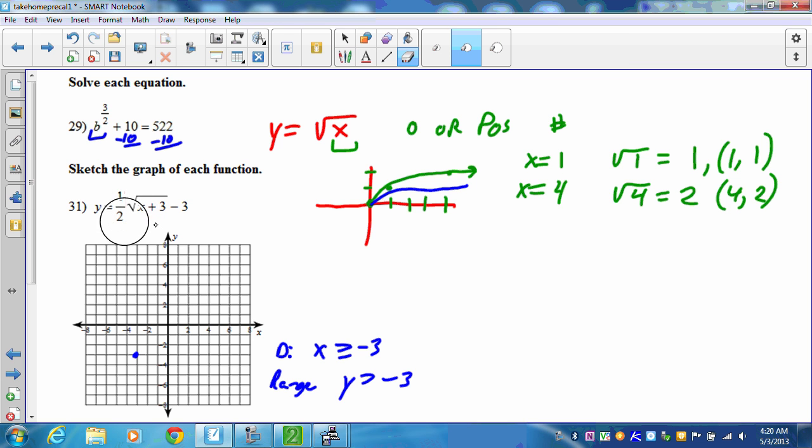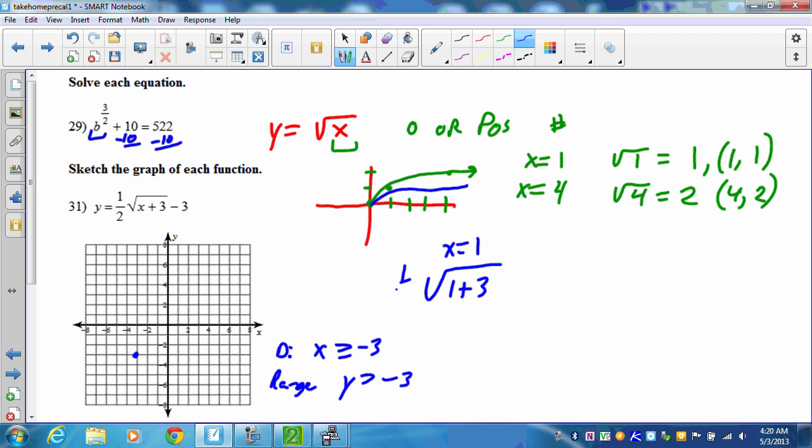Well, if we have x plus 3, and we make x equal 1, what do we get? We get 4. And what is half of 4? 2. And 2 minus 3 is equal to negative 1. So when we're at x equals 1, we're actually still negative. So right about there.